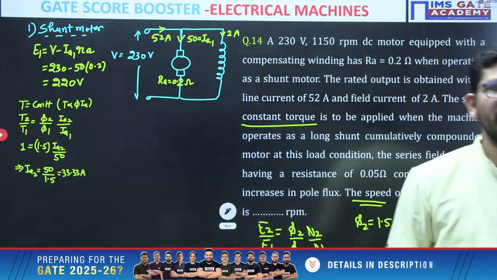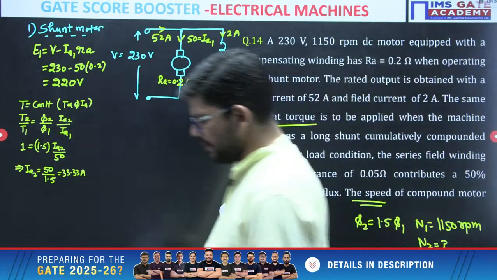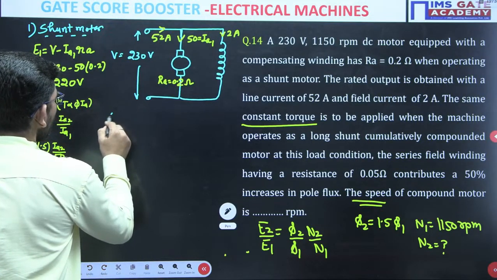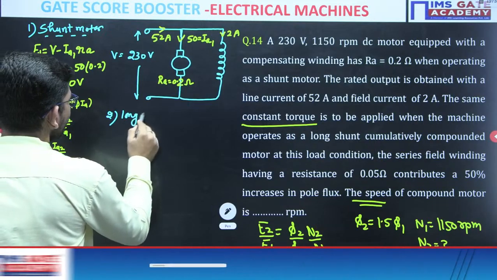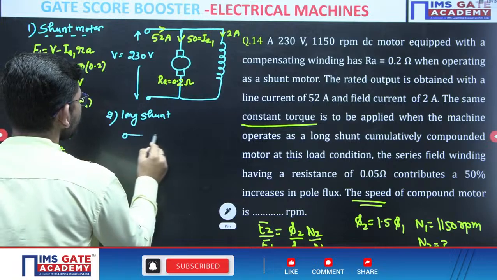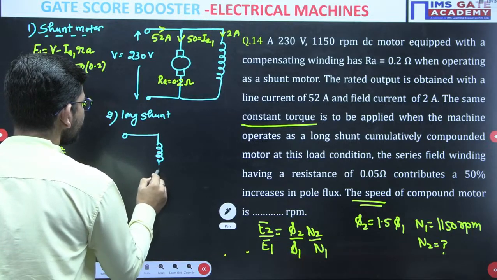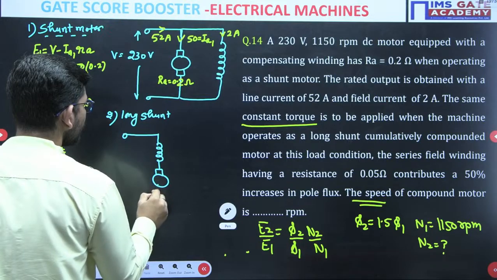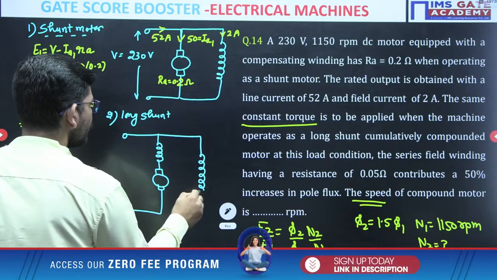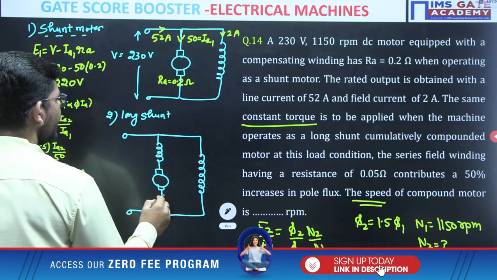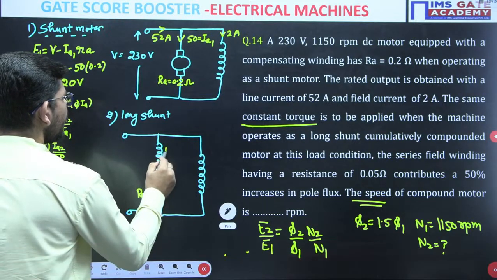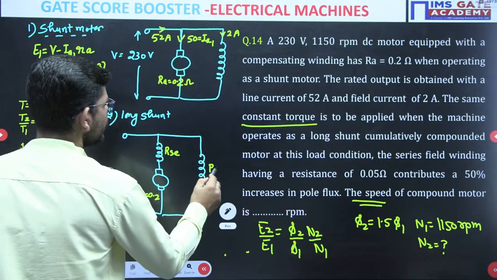Now we have to calculate what is going to be the E2 value. So case number 2, the long shunt motor. How will we draw the long shunt motor? We will have a series resistance. It has RA, which is 0.2, a series resistance, and this is the shunt resistance.